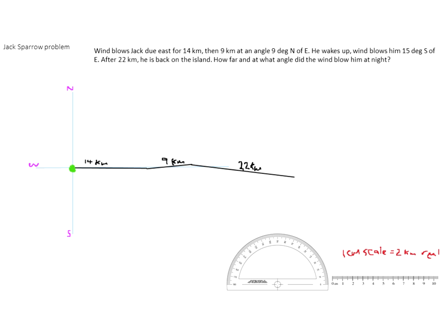So how far it blew is right there. So this is the resultant vector. And what we need to do then is find the components of that.